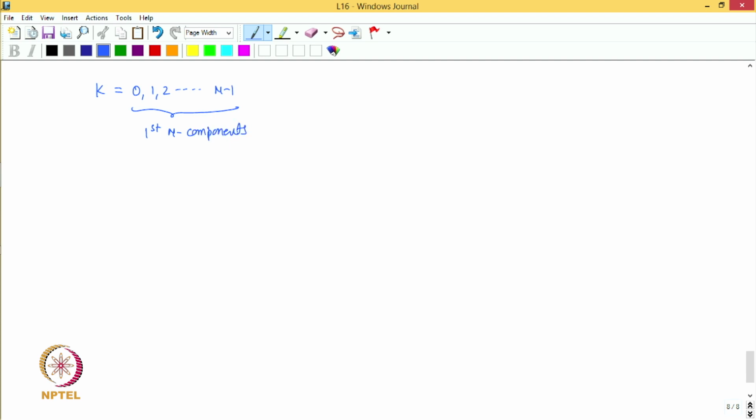And then if I go further, say N, then N plus 1 going up to say 2N minus 1. So, these are the next N components, right, and in this way I can go further, right.